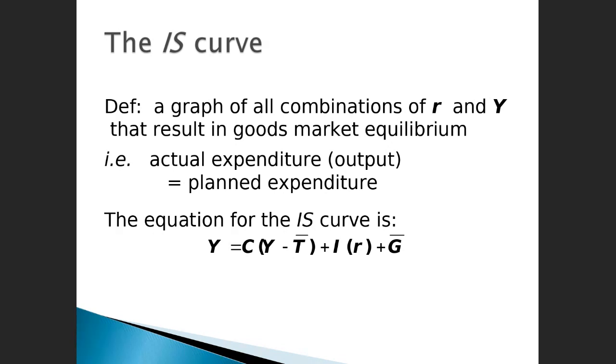Definition of IS curve: a graph of all combinations of R and Y that results in goods market equilibrium.